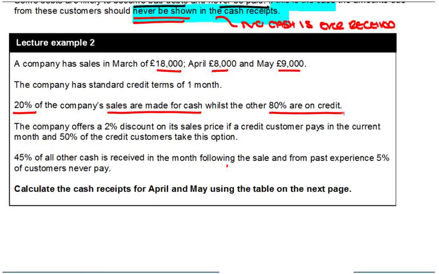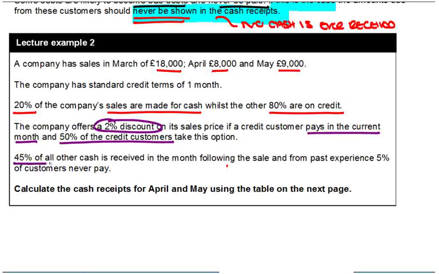However, what else do we know about those credit sales? The company offers a 2% discount, so we've got an early settlement discount if the credit customer pays in the current month. 50% of those credit customers take up that early settlement option.